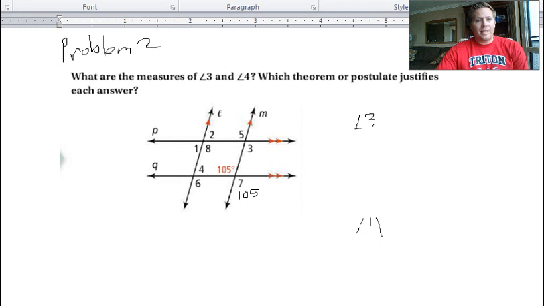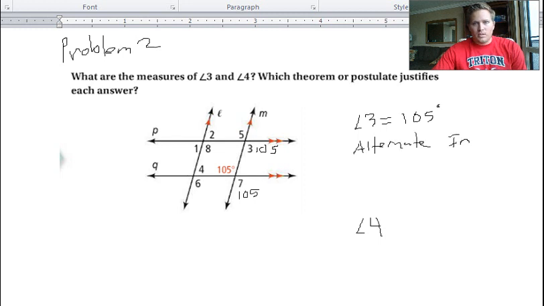They are on the inside. So if this is 105, alternate interior angles are congruent. So angle 3 would equal 105 degrees. And what was our reason? We would say alternate interior angles.